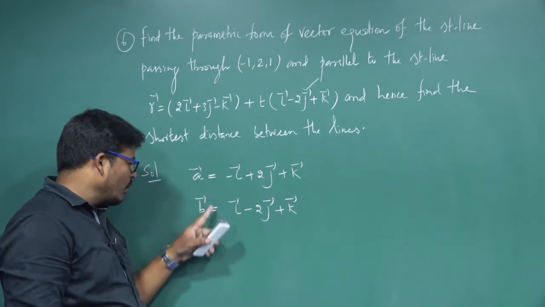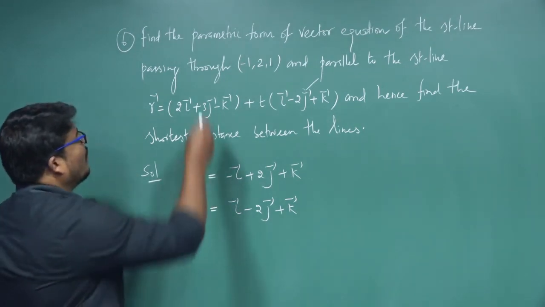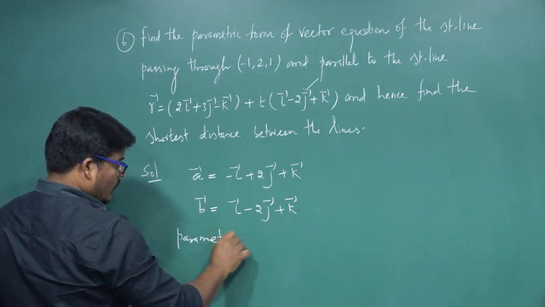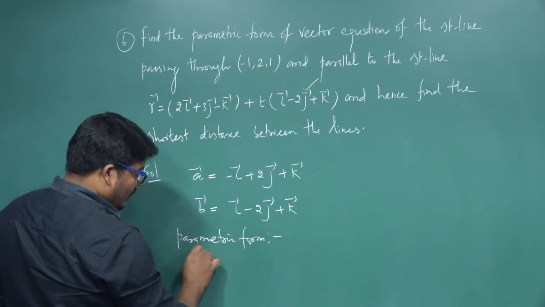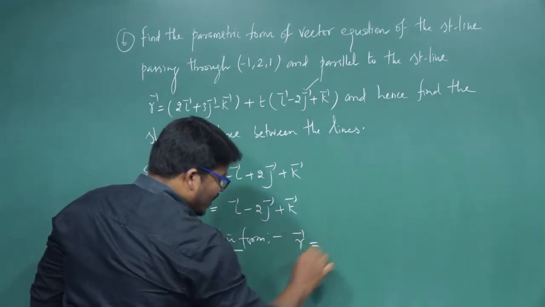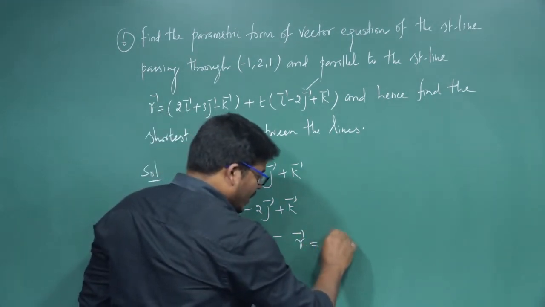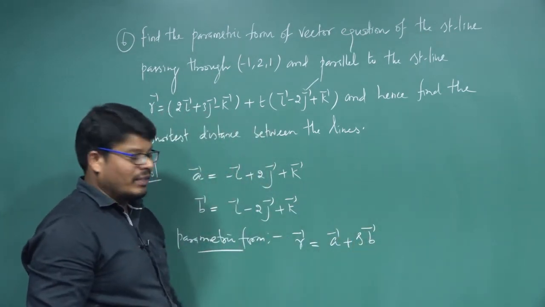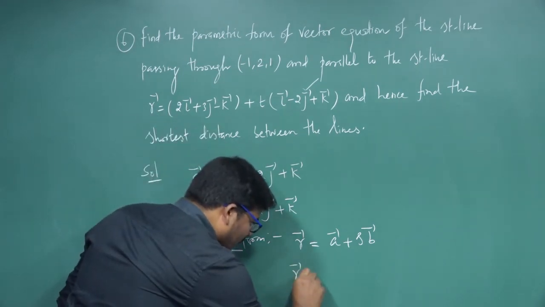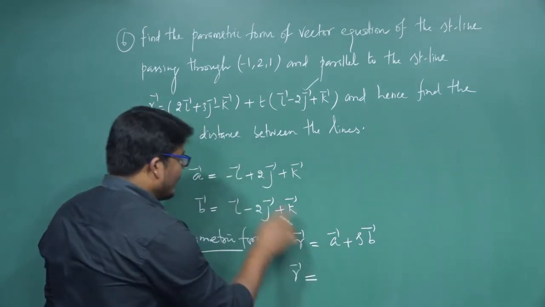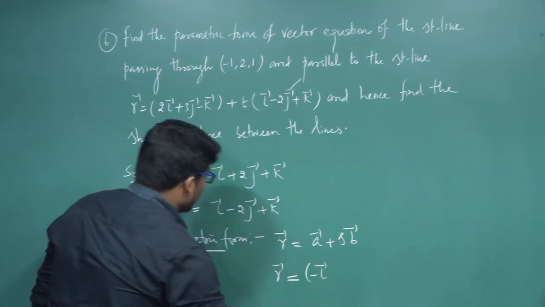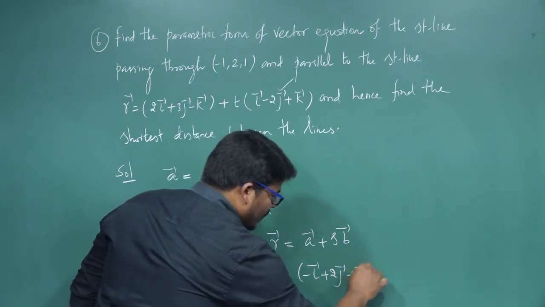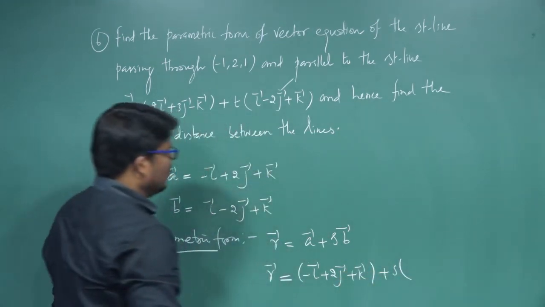Given one point and one parallel, the parametric form of the vector equation is r vector equal to A vector plus s B vector. Now writing the vector form: r vector equal to, substituting A vector, minus i vector plus 2j vector plus k vector plus s of B vector.